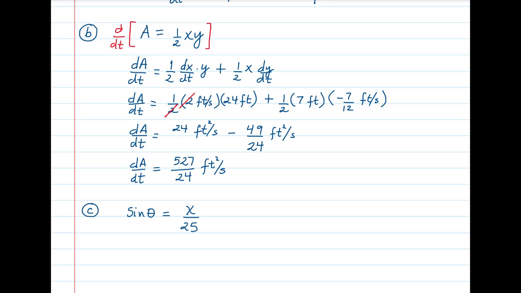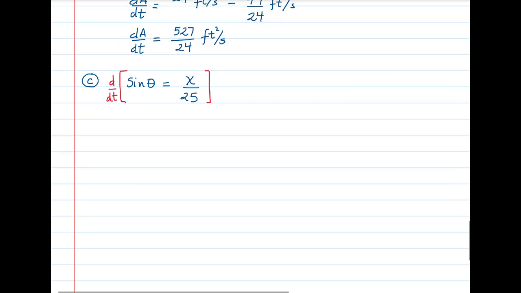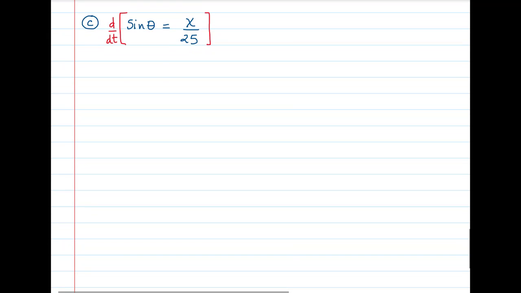You do not want to plug in the 7 for x until you've taken the derivative. You never want to substitute your values before you have taken the derivative. Once we've taken the derivative, we can substitute all the quantities that we have. So the derivative of sine theta is going to be equal to the derivative of the right side here, x over 25.